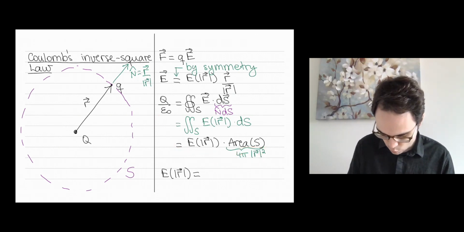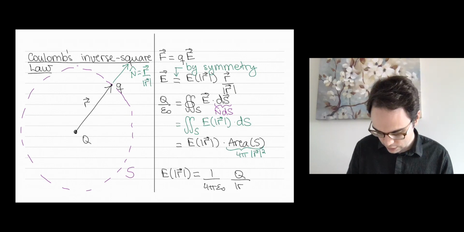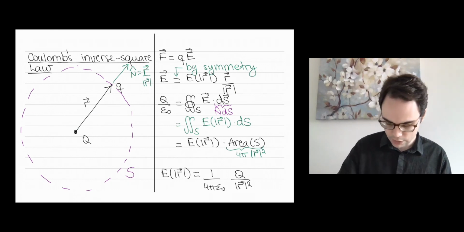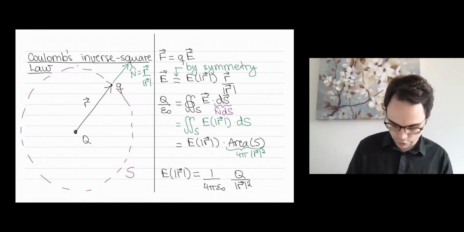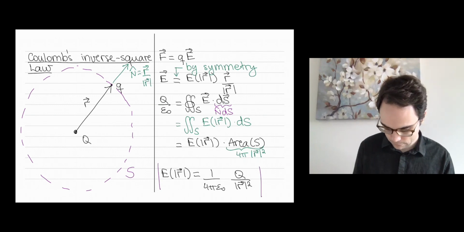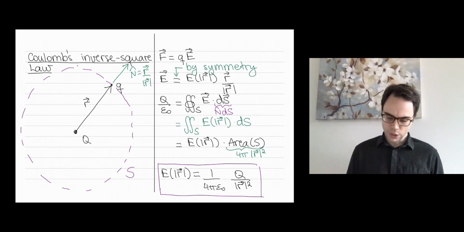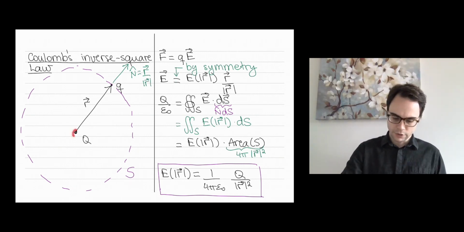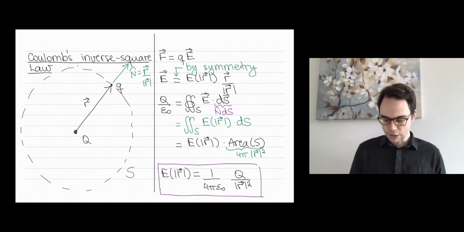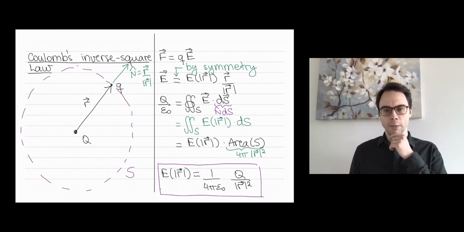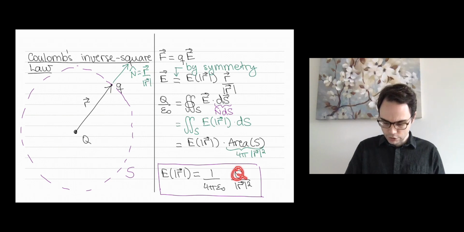So I just get 1 over 4 pi epsilon 0 times q over the distance from the source charge squared. So if I want to know the electric field generated by a charge at the origin, it's just 1 divided by 4 pi epsilon 0 times the charge divided by the distance from the origin squared.